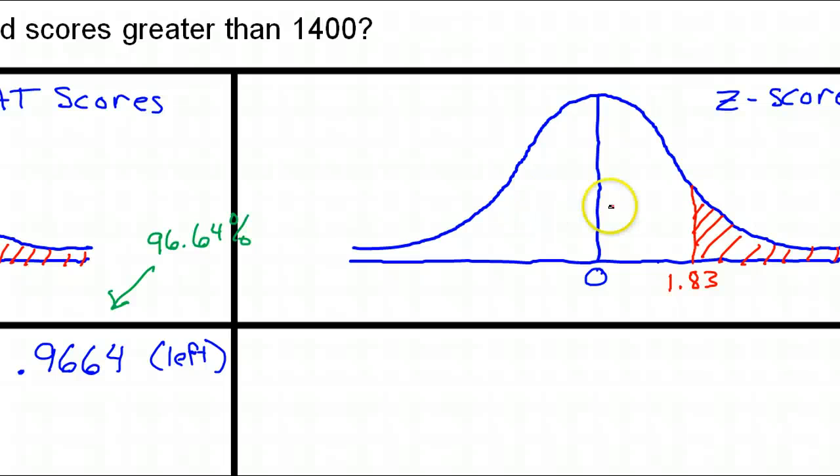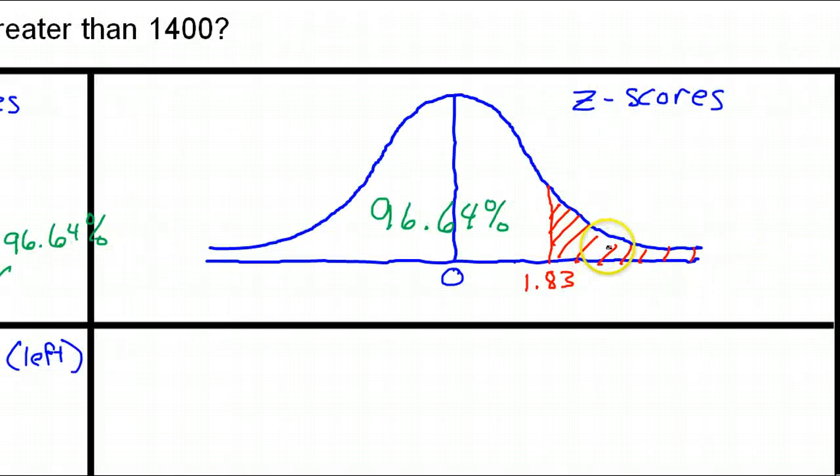Okay, so what they're saying is this white area is 96.64% of the graph. That's what the chart tells us. So if I want the red part, couldn't I just subtract from 100? So if I do 100% minus 96.64%, shouldn't that give me the red part?